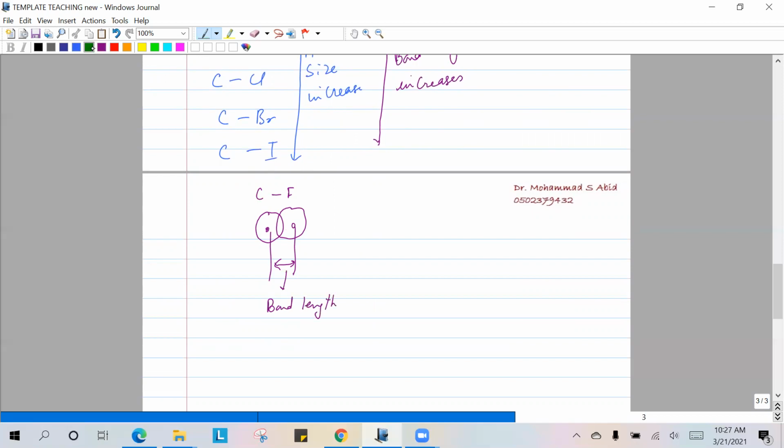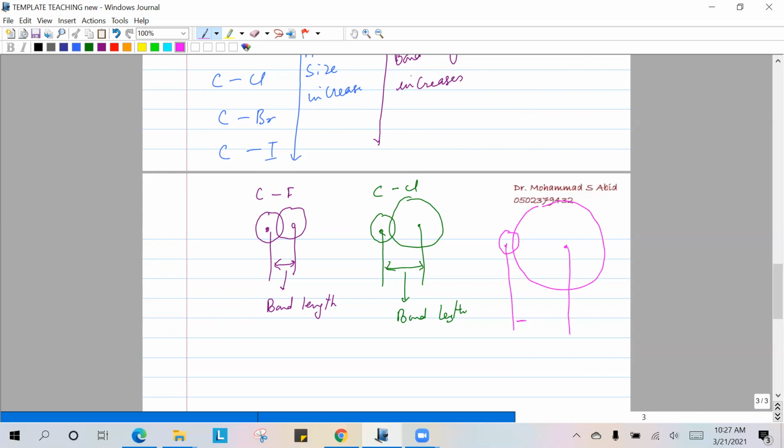But if you move to carbon-chlorine, carbon is still this size, but the chlorine is becoming bigger, so the distance between the nuclei has increased further. Now this is your bond length for CCl. If you go to iodine, carbon is here, and iodine is this big, so the distance between the nuclei is still more.